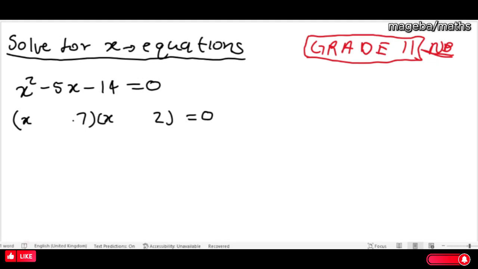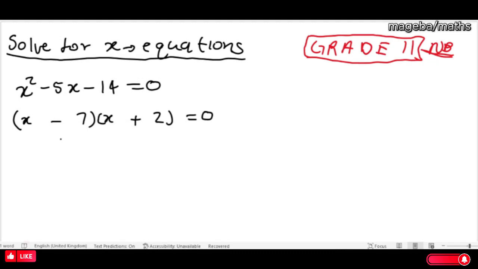But now if I make the 7 negative and keep the 2 positive, if I times negative 7 and positive 2, it gives me negative 14. And also negative 7 plus 2 gives me negative 5.